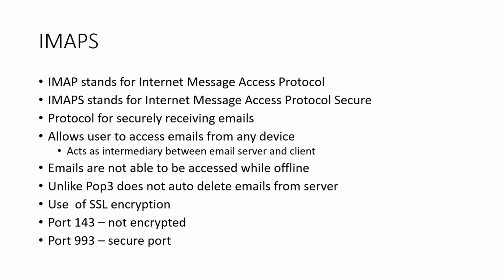The IMAPS protocol is typically used for securely receiving emails. IMAPS allows users to access emails from any device, whether it's a tablet, laptop, whatever the user wants to access emails from, and IMAPS acts as an intermediary between the email server and client.